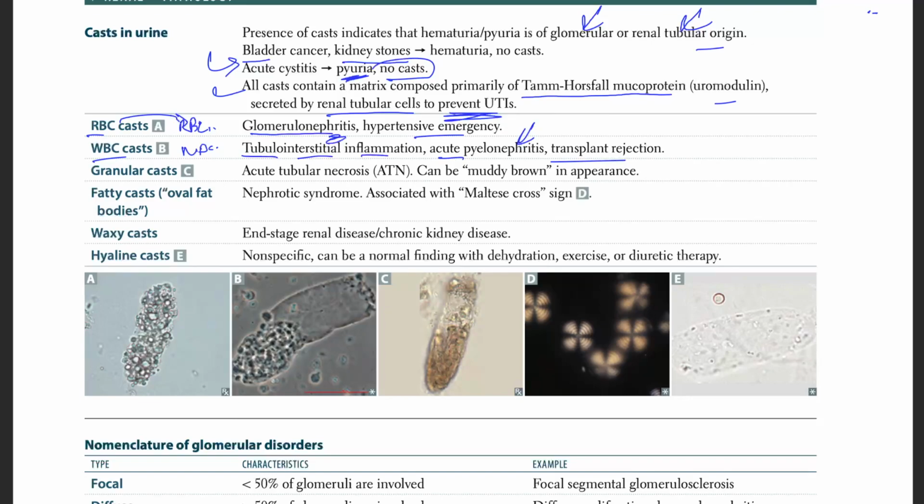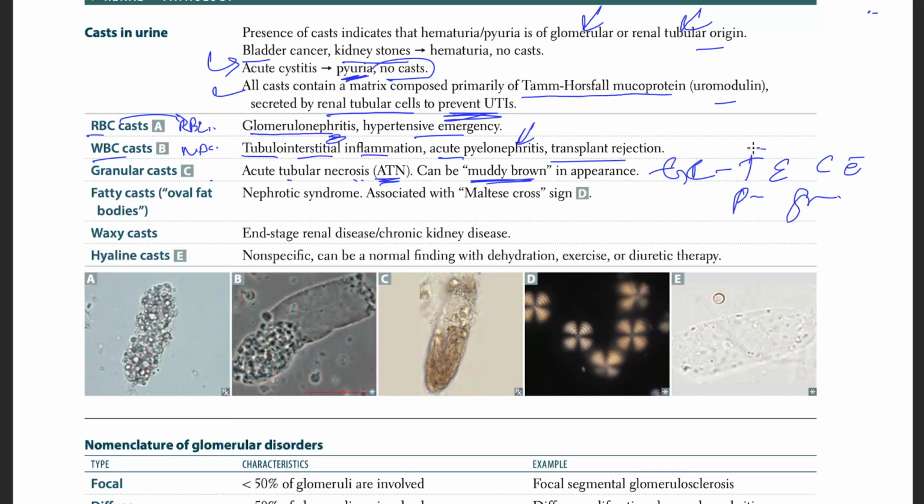Granular casts are seen in ATN, acute tubular necrosis, and can be muddy brown in appearance. So what is a granular cast? Well, these granular casts are sloughed tubular epithelial cells with pigmented granules.